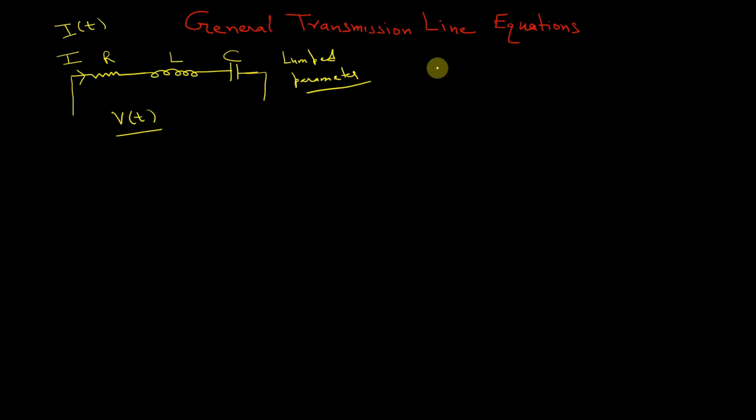But if you consider a transmission line like this, a two-wire transmission line, this is the basic type. We will discuss it in detail. We will not discuss the coaxial cable here.